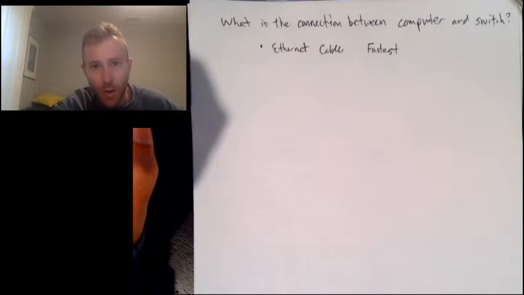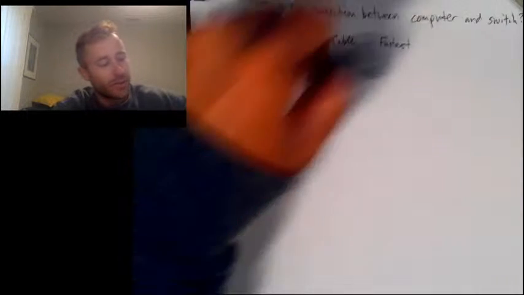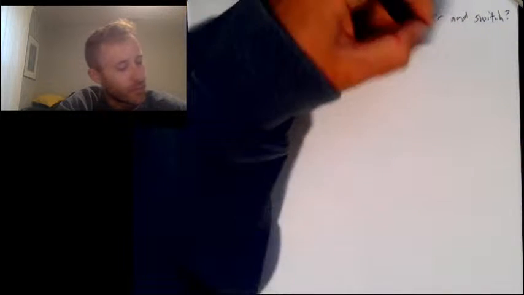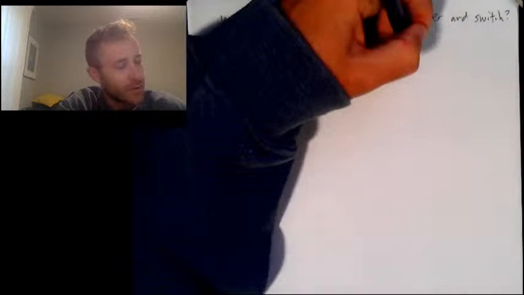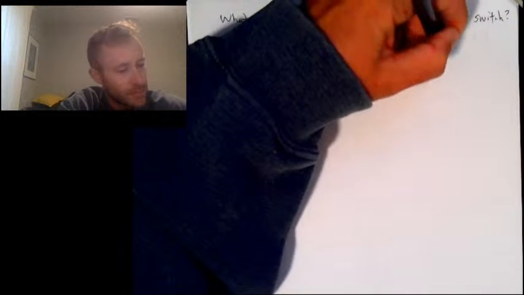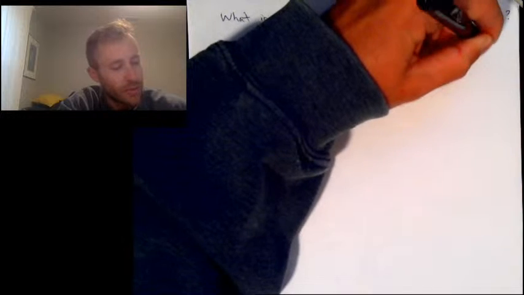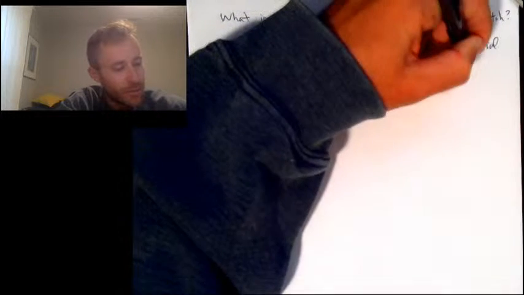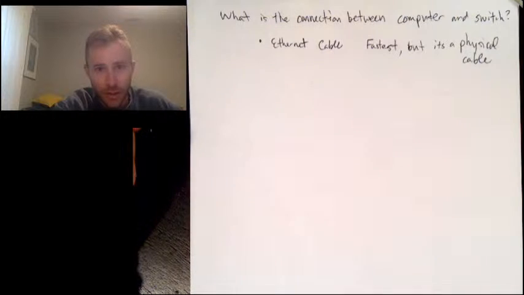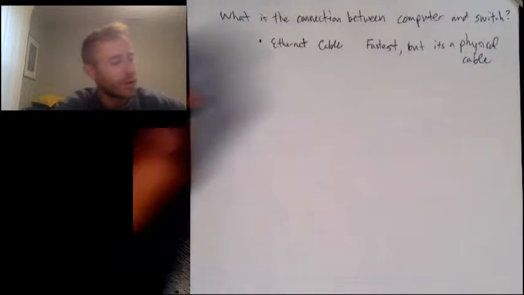And I'm going to talk about why in a second. It has the disadvantage that it's a physical cable. So you're kind of locked in place. You can't move around as much if you're connected via an Ethernet cable.